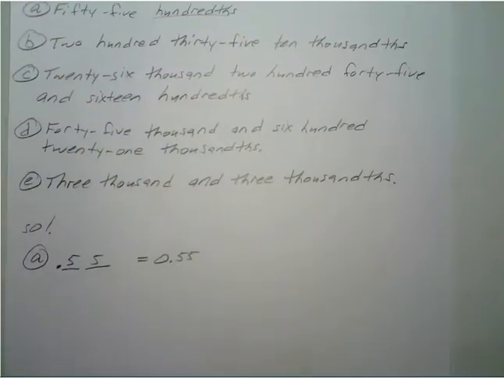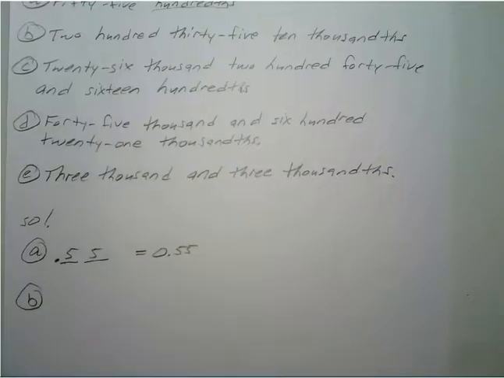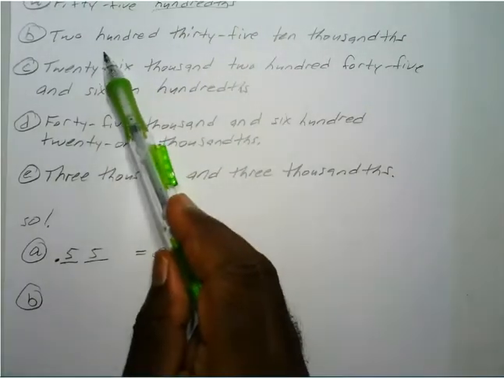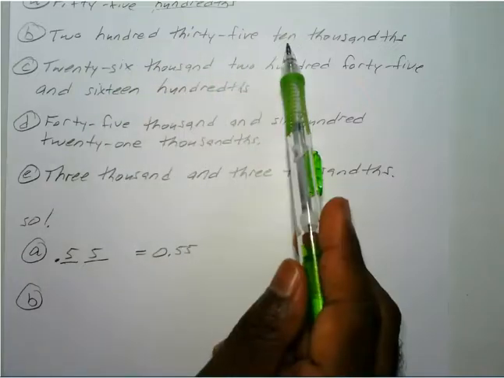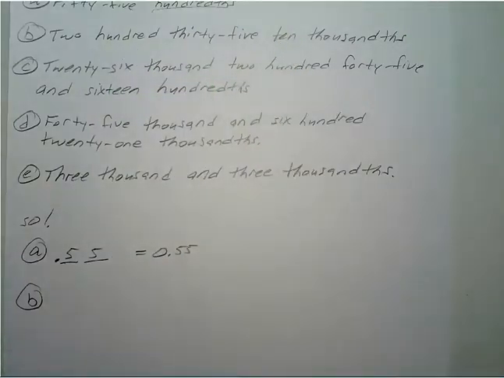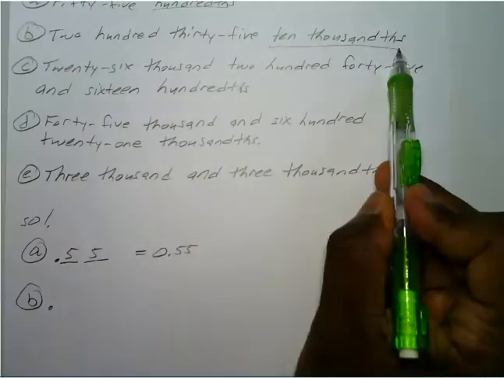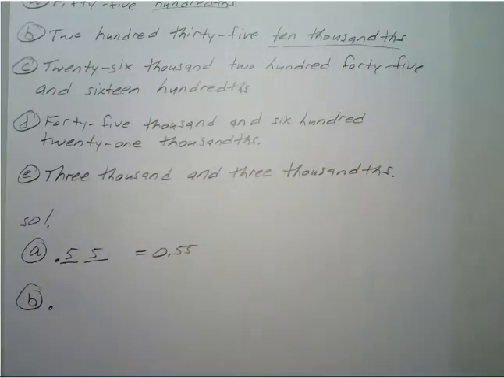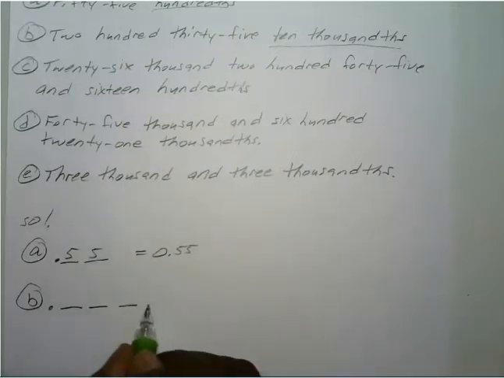Okay, let's look at problem B. Again, if you notice problem B, there's no and, which means all of this will go to the right of the decimal place. So you're looking at 10 thousandths. So that's 4 decimal places. Tenths, hundredths, thousandths, 10 thousandths.